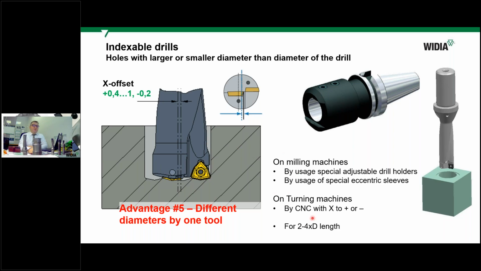Another way, much easier, is when we use rotation of the component inside the turning machine tool. So we can move just the tool, like a turning tool, toward the periphery insert or away from it, and we can get the hole bigger or smaller.